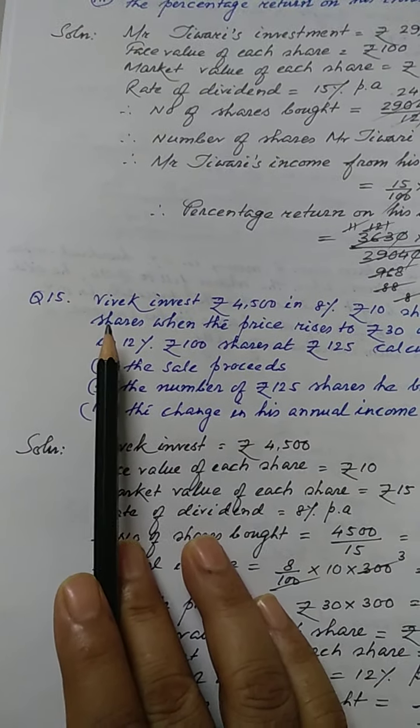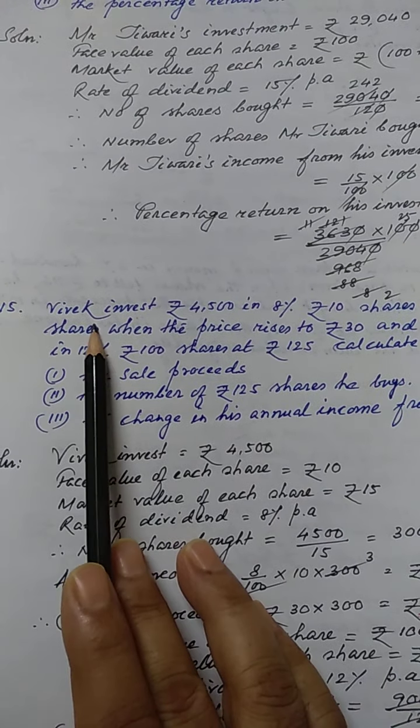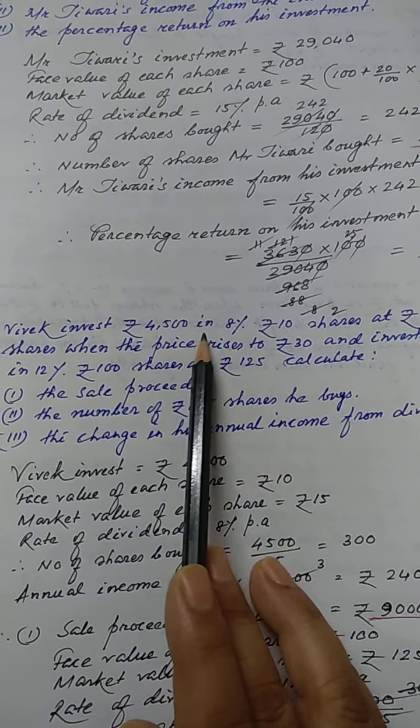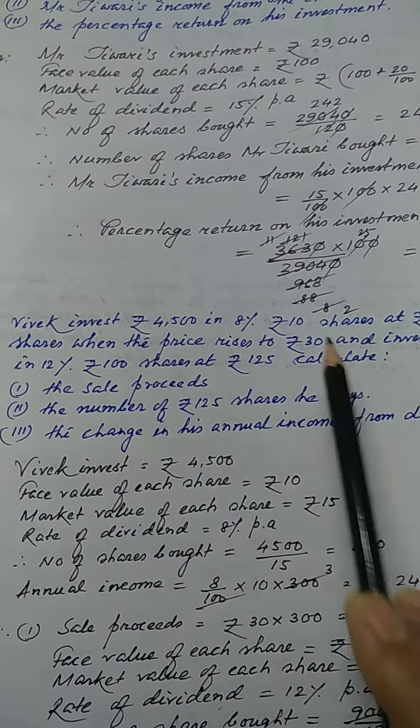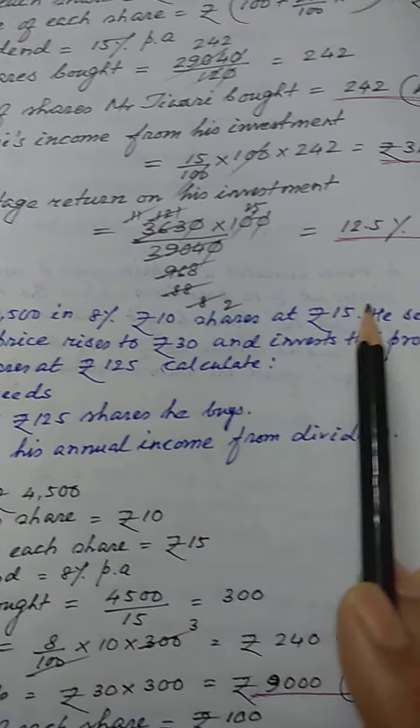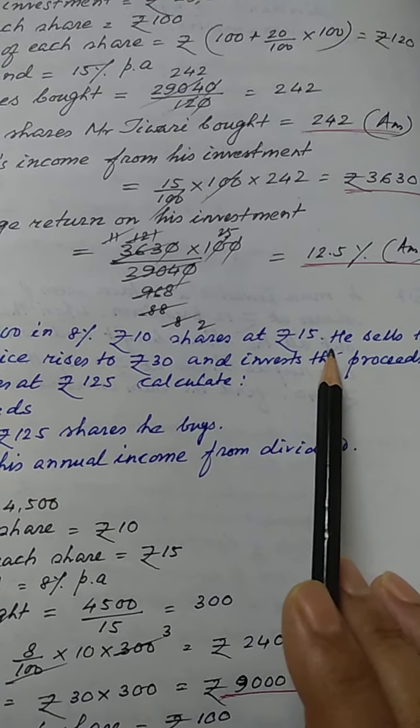Next, sum number 15. Vivek invests rupees 4,500 in 8% rupees 10 shares at rupees 15.